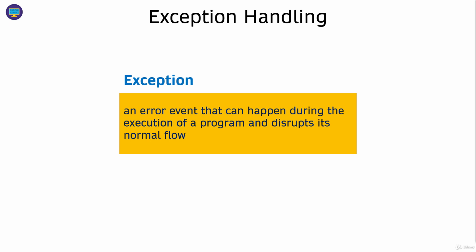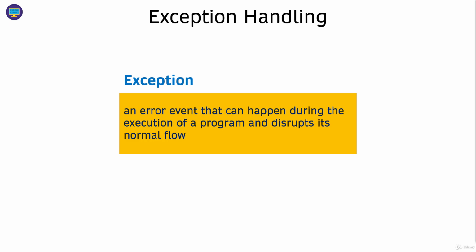We don't want that to happen. So the whole point of handling those exceptions is to gracefully make up for those errors and then continue the flow of the program, so that we don't end up in a very bad state and see unwanted behavior. So that's the whole point of handling those errors.